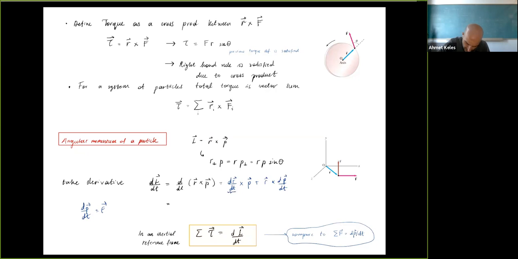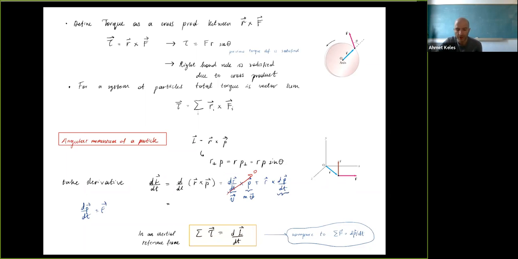But this one, the dR/dt is what? Can anybody see? What's the definition of dR/dt? V, right? Yes, thank you. And this one is m times v, but v cross v, we just showed it is 0, so this whole thing is going to be 0.